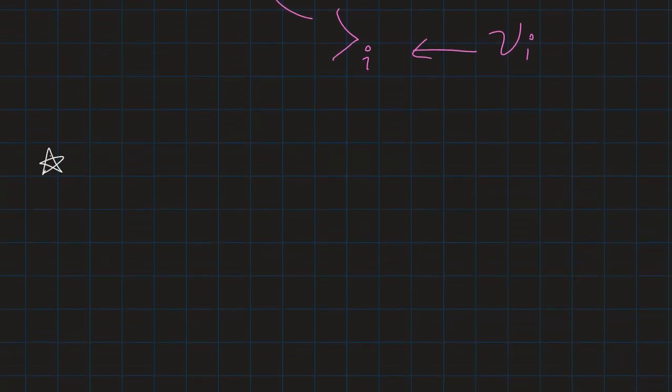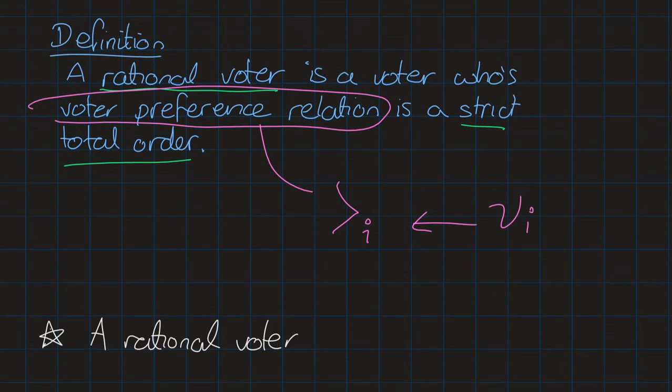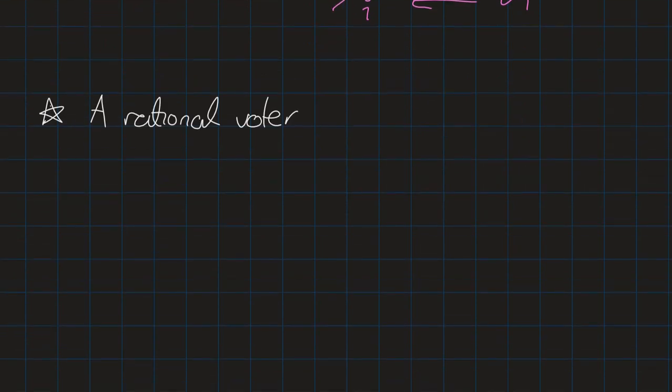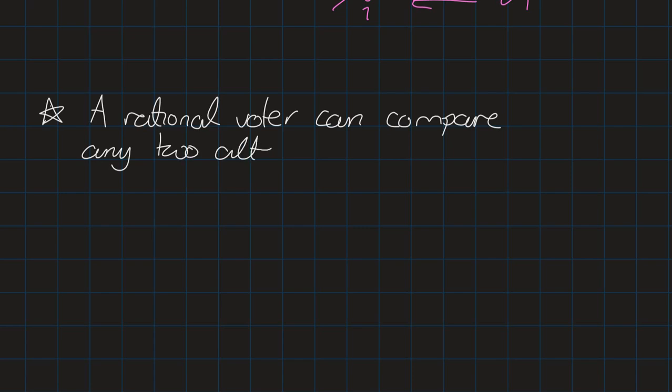It means a few things. For one thing, a rational voter, and rational again is just the word I used in this definition. It's not supposed to pass any sort of moral or ethical judgment on what a rational person should be. So a rational voter can compare any two alternatives. No matter how many alternatives there are, if you give me any two of them, a rational voter would always be able to tell you that they like one more than the other.